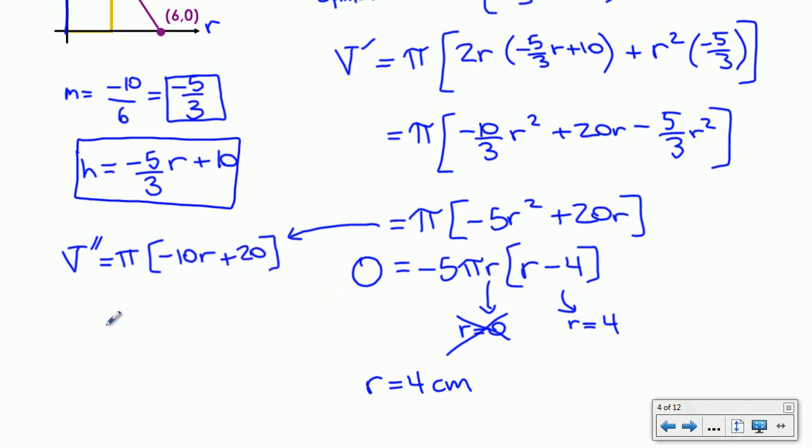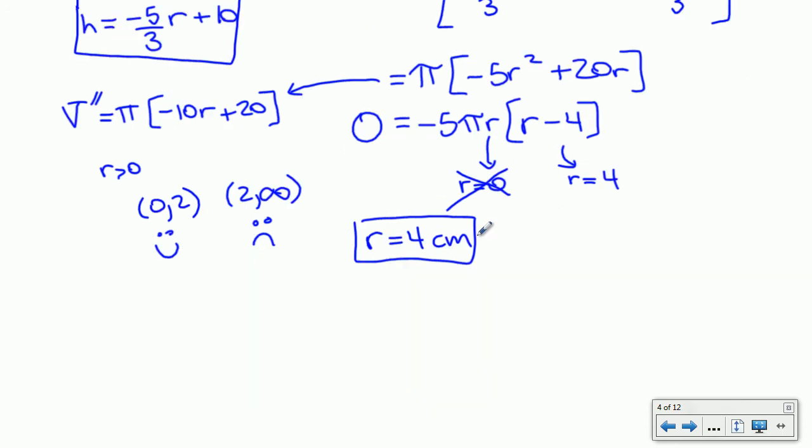So as long as we have positive values for R, it is concave up between 0 and 2, I believe, and it is concave down on the interval from 2 to infinity. And given that the radius that we found is on this interval, it's concave down there, so this should be a maximum.